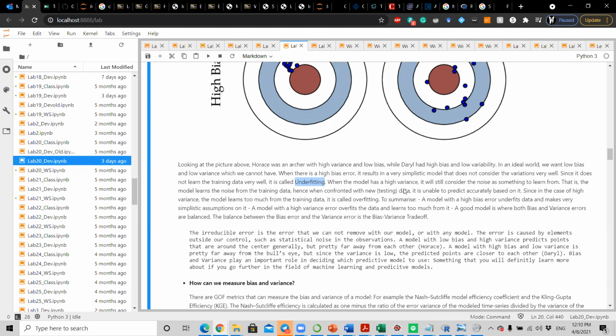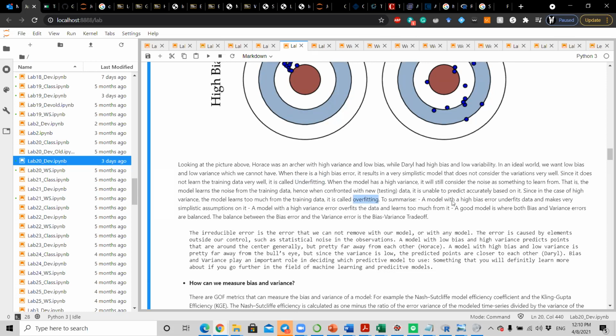When the model has high variance, it will still consider the noise as something to learn from. That is, the model learns the noise from the training data. Hence, when confronted with new or testing data, it is unable to predict accurately. Since in the case of high variance, the model learns too much, it is called overfitting.